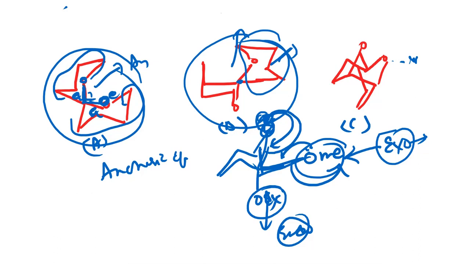So here is possibility one. Whenever this lone pair of electrons moves here, this bond cleaves, and whenever these electrons move here, this bond cleaves. So two anomeric effects are observed. That's why this structure is more stable. In this case, only one anomeric effect is observed, here and here.